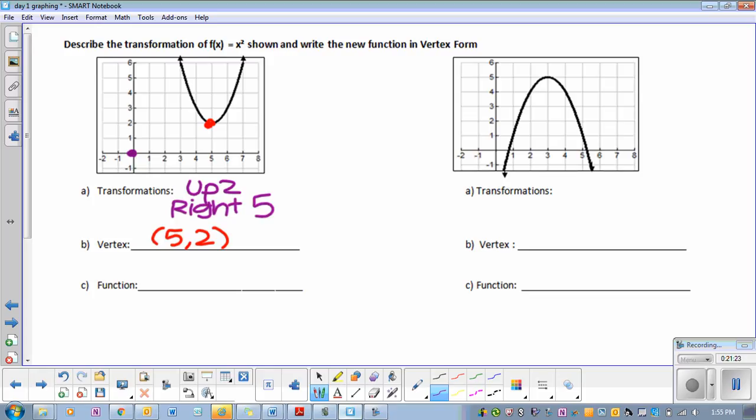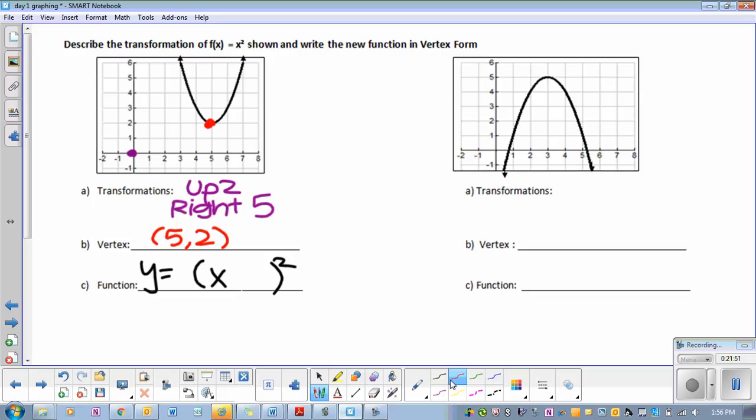Alright? So now we have to write the function. We have y equals, and then we have the x with the square, right? Okay. So tell me, how do I write the up 2? Where does that +2 go? Inside? Outside?